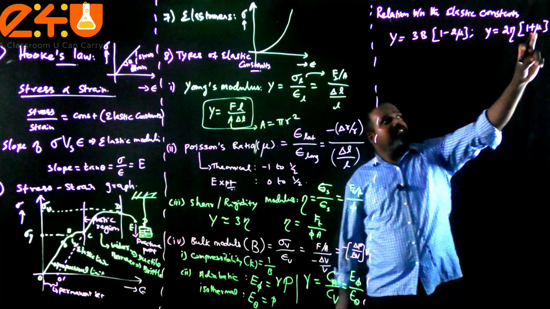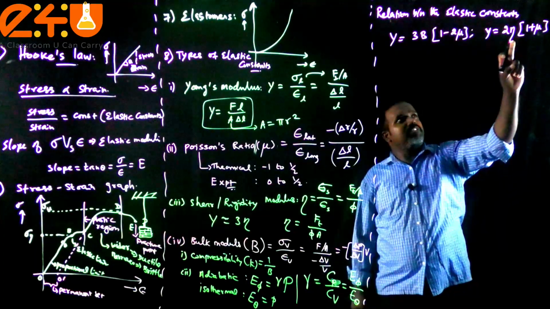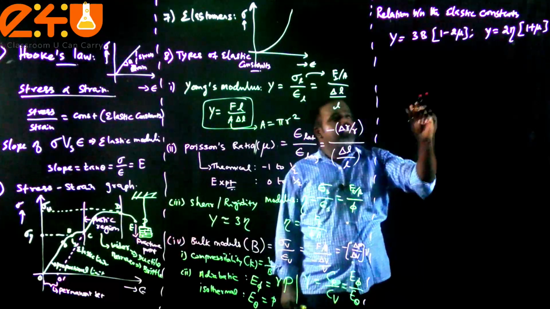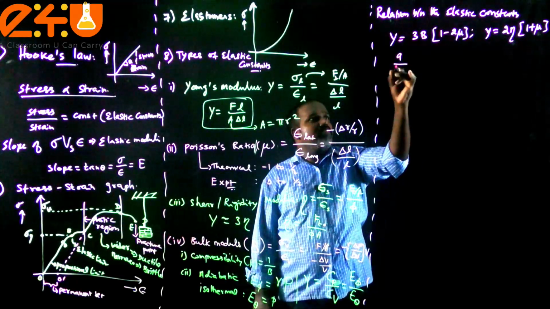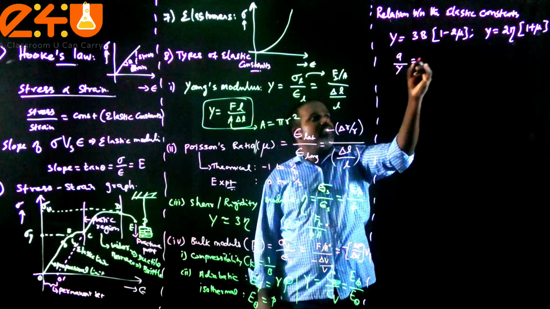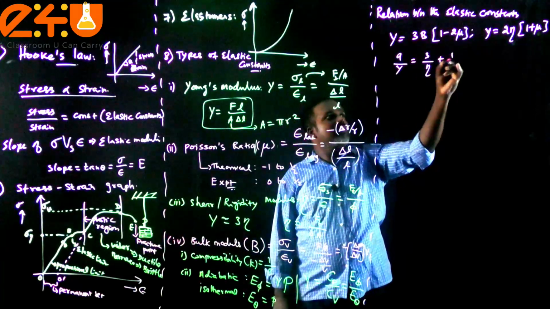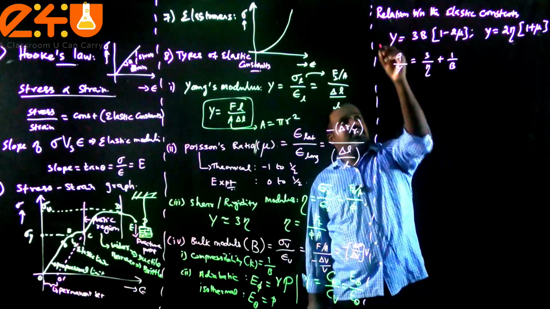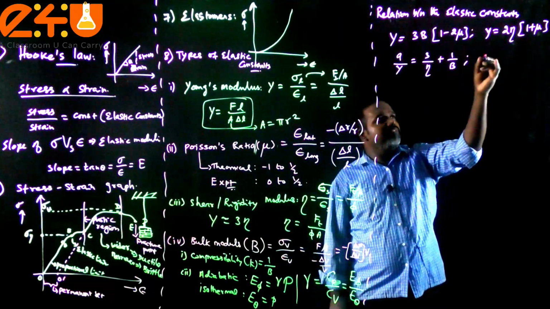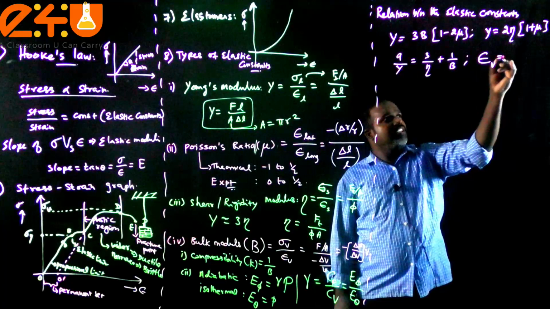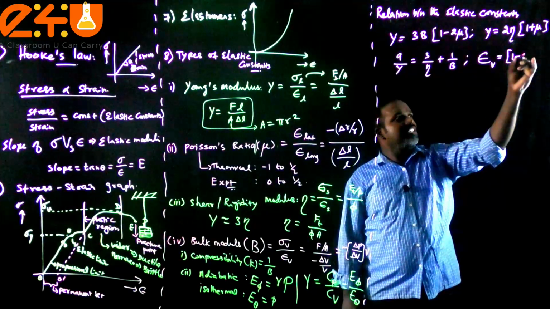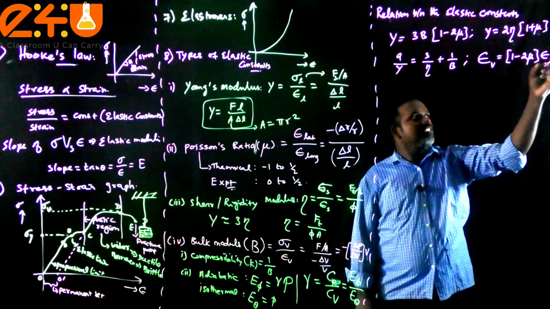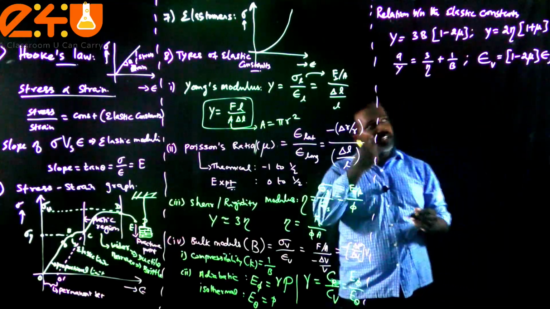Please try to understand, mu is the Poisson ratio, eta is the shear modulus or rigidity modulus, Y is Young's modulus, and B is the bulk modulus. The next one is 9 by Y equals 3 by eta plus 1 by B, another relation. And one more is the relation between volume strain and longitudinal strain. It is also given by 1 minus 2 mu, where sigma is the longitudinal strain.